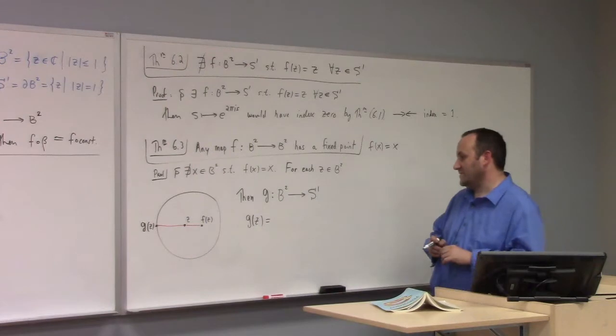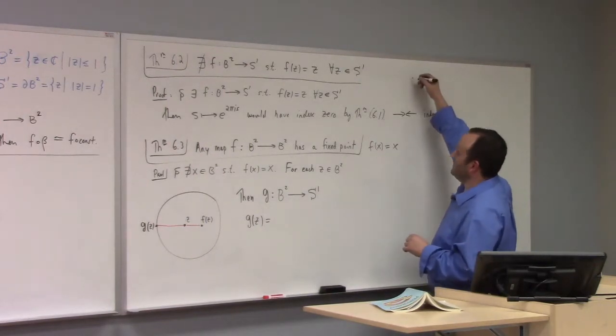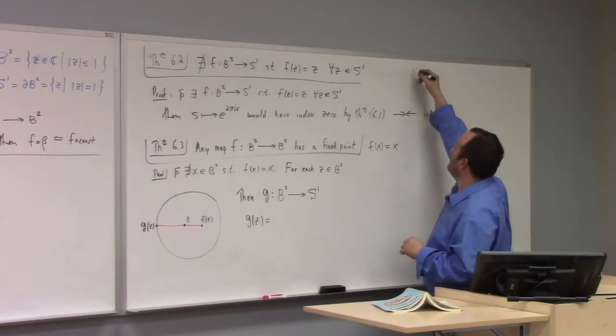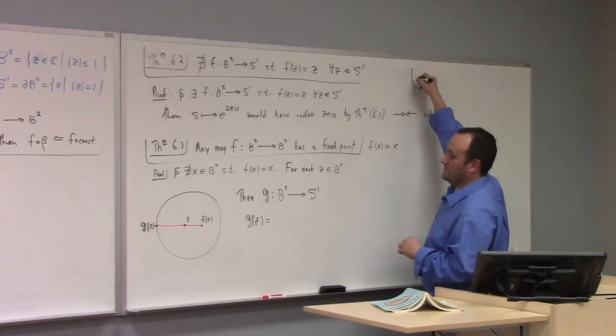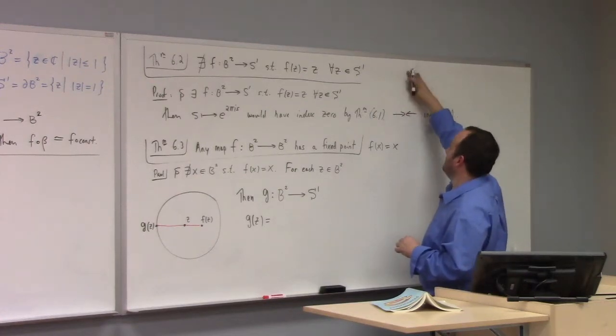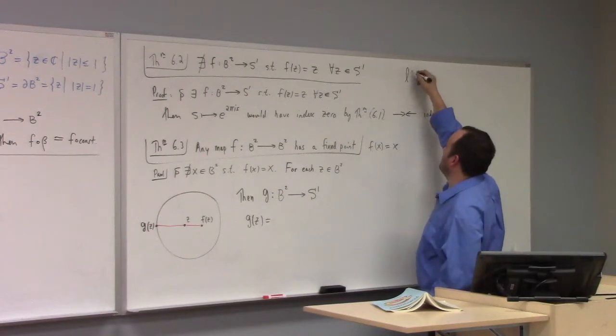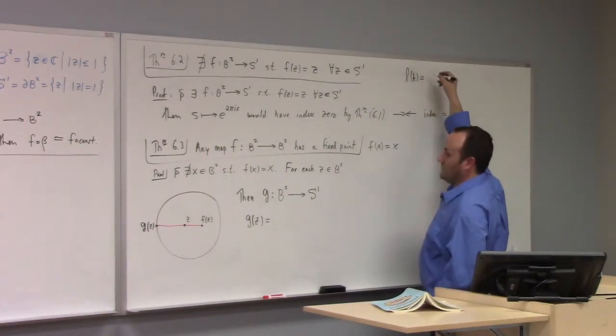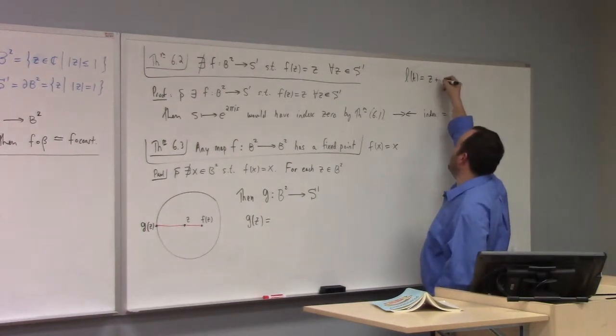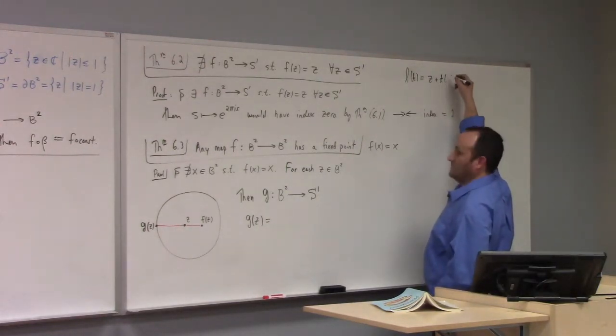Well, how about this? We're looking for the intersection of the line. So basically L of t is equal to, I don't know, Z plus t times Z minus f of Z, right?